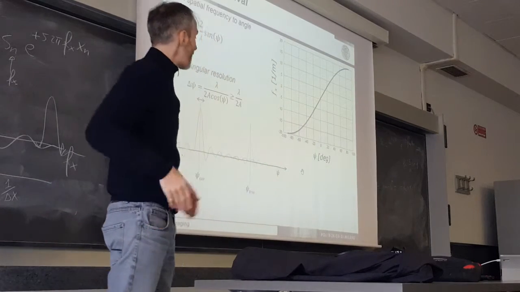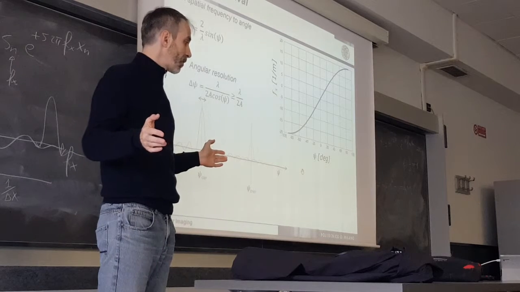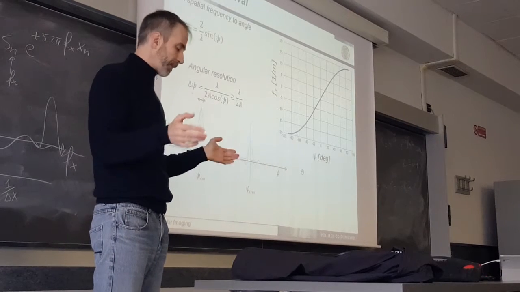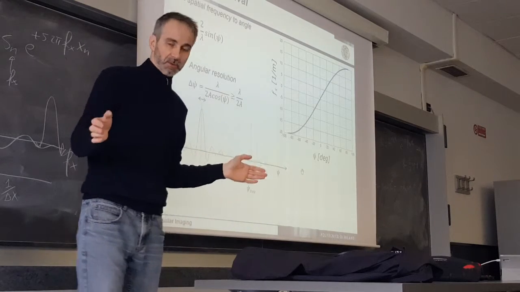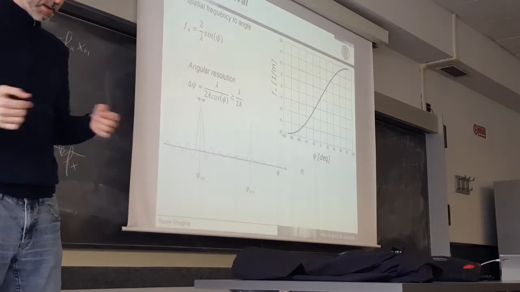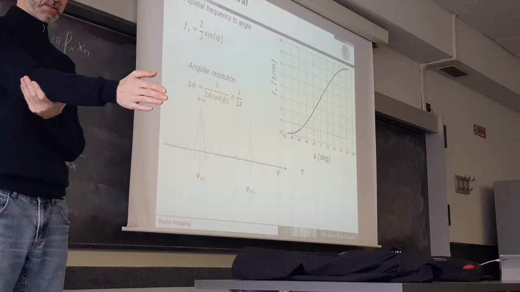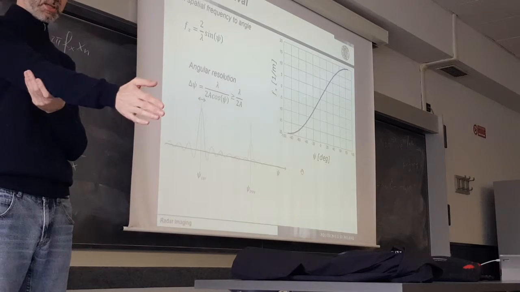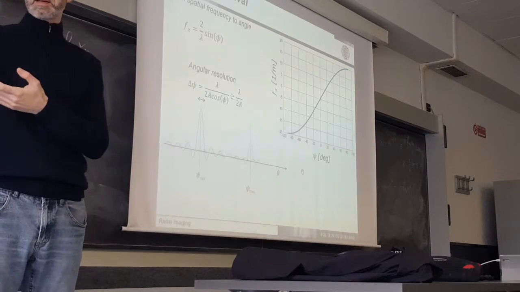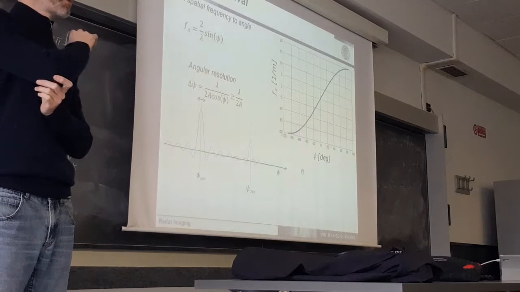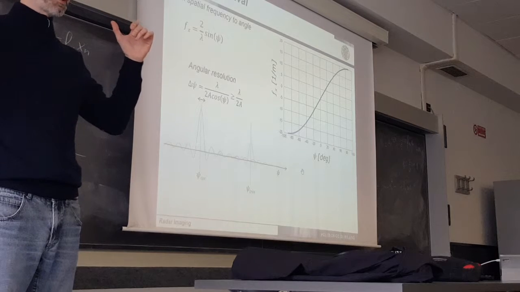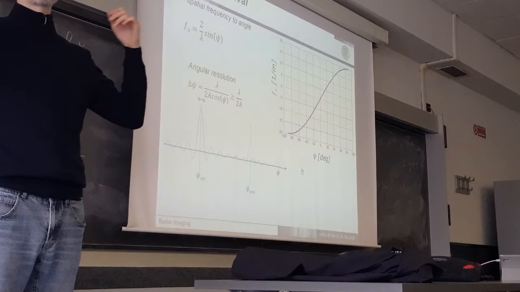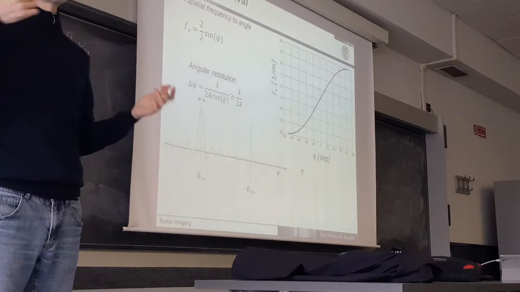Of course, the angle cannot be larger than 90 degrees. So imagine that this is the antenna array, so you are sensitive to targets. Let's say this is 0, this is 90, this is minus 90. What I forgot to say is that if a target is behind you, then you cannot know it.